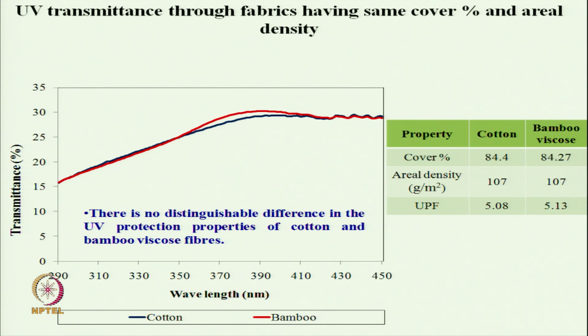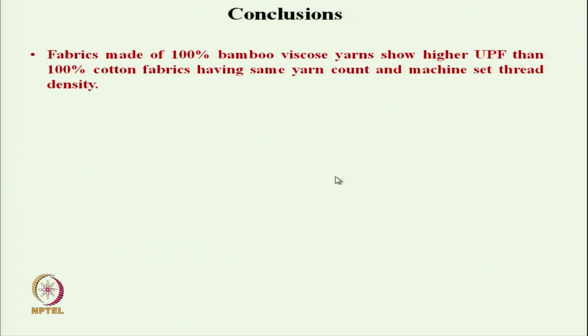So, earlier assumptions were that bamboo viscose gives higher protection, but the present study shows that there is effectively no difference between cotton and bamboo. So, the conclusions are, the fabrics made of 100% bamboo viscose yarn show higher UPF than 100% cotton fabrics having same yarn count and machine set thread density.